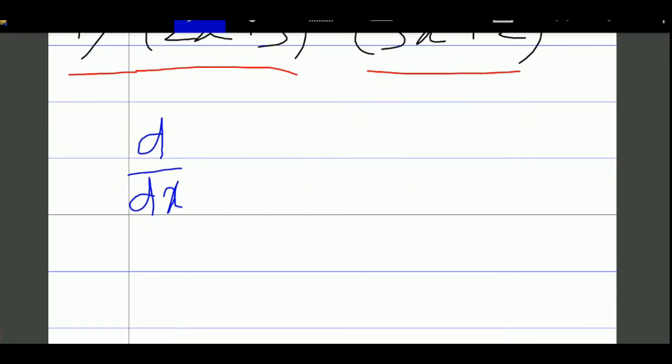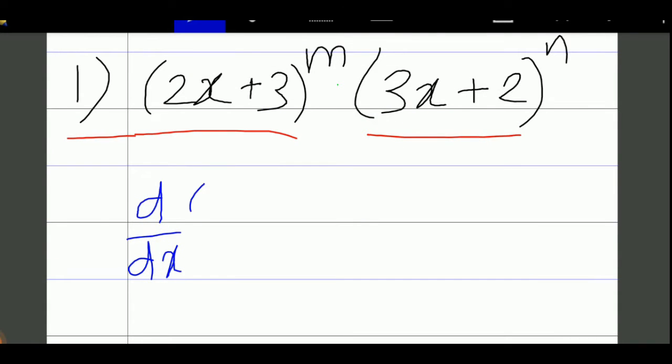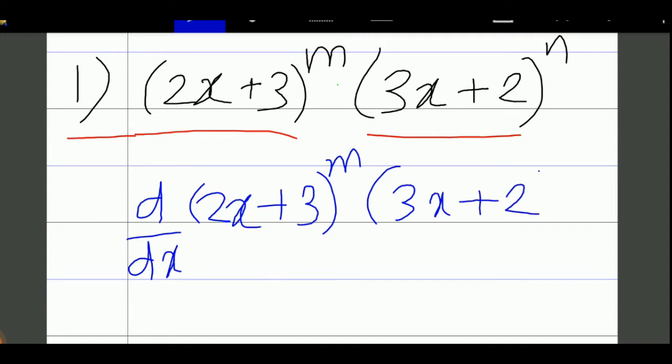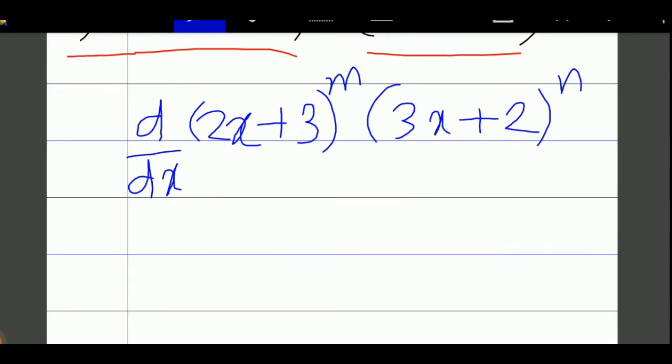So differentiation of (2x + 3)^m into (3x + 2)^n.